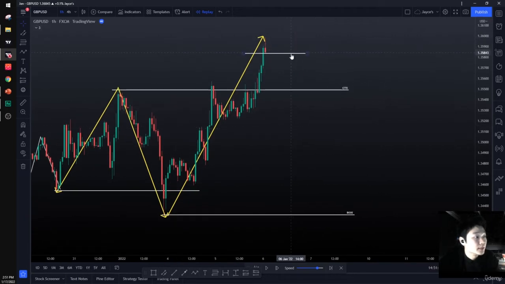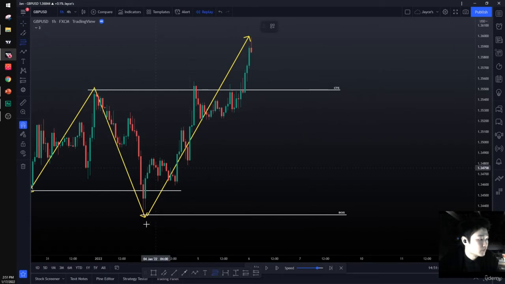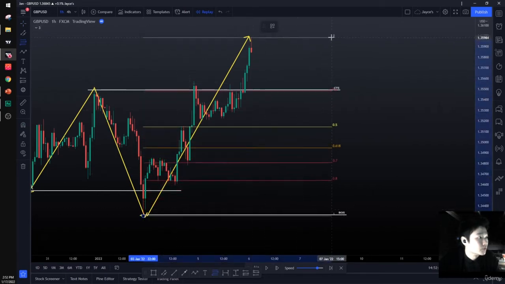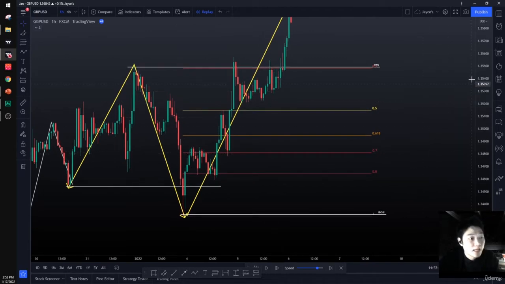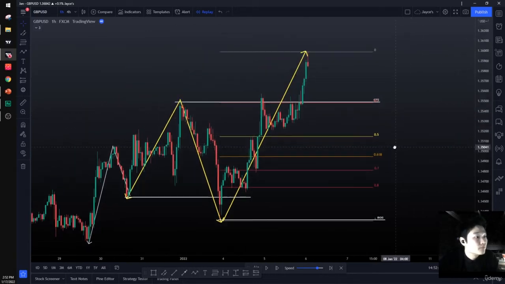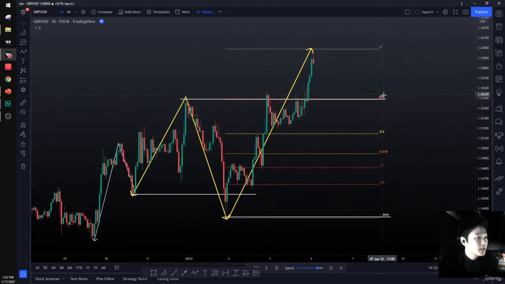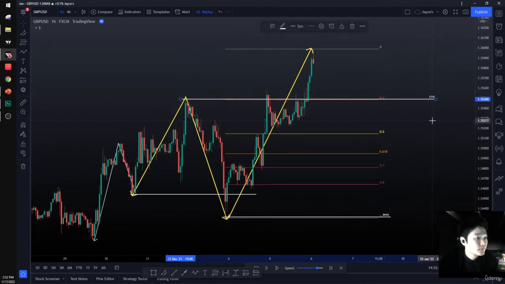Next step, define the institutional candles, drawing Fibonacci from this low to this high. The institutional candle will be the last down candles before price moves up and breaks the CTS. And here is our CTS.